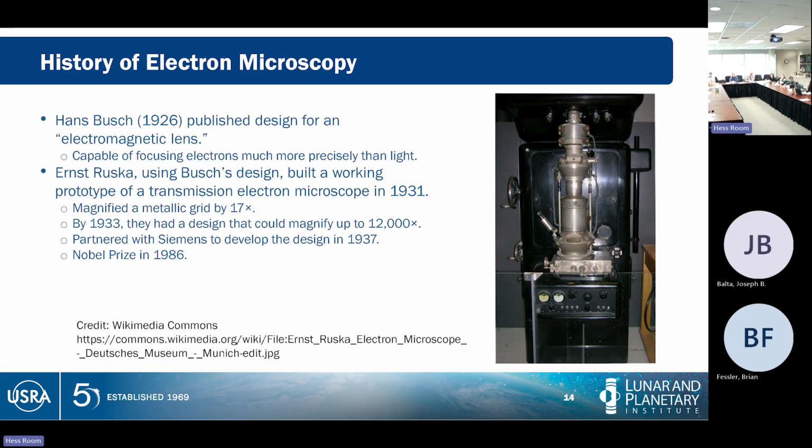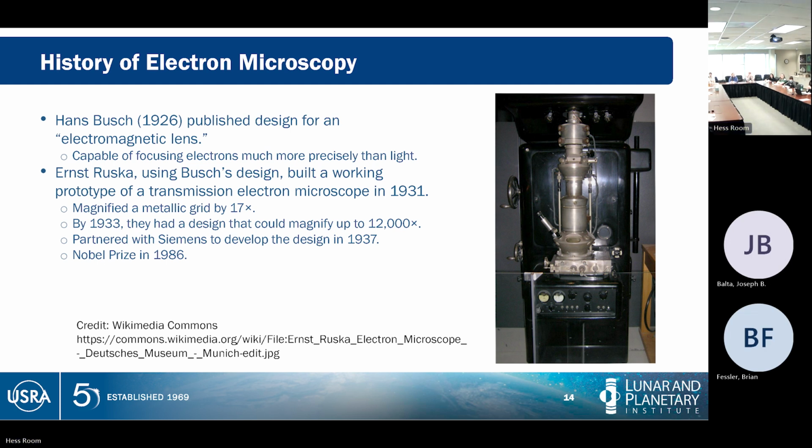Electron microscopy goes all the way back in concept to the late 1920s. Just as people were beginning to understand what electrons were, a researcher, in fact, a pair of researchers in Germany published designs for an electromagnetic lens, which would be capable of focusing electrons much more precisely than visible light could be focused.